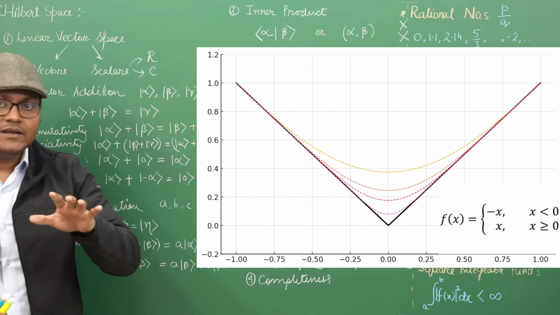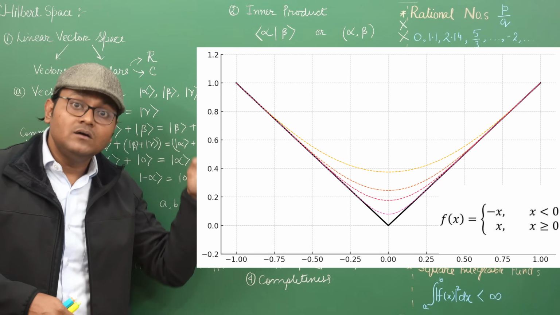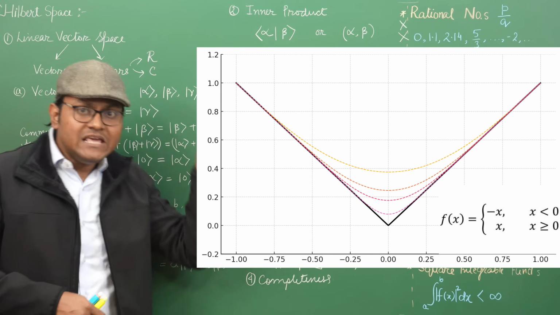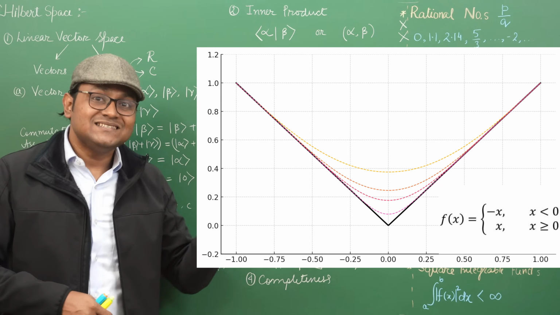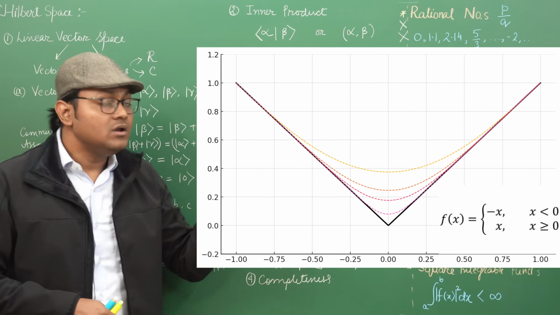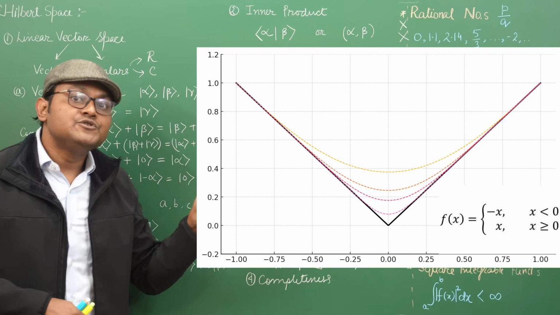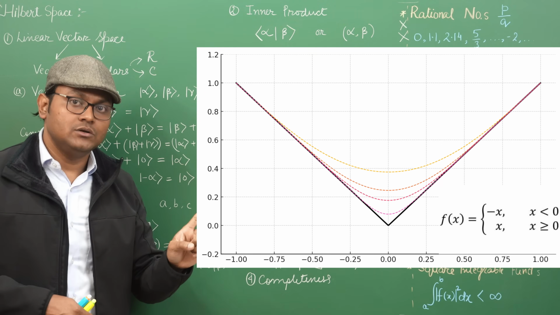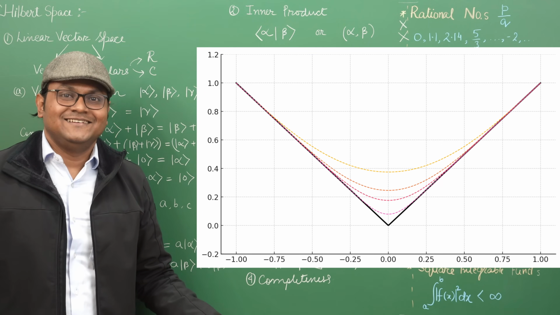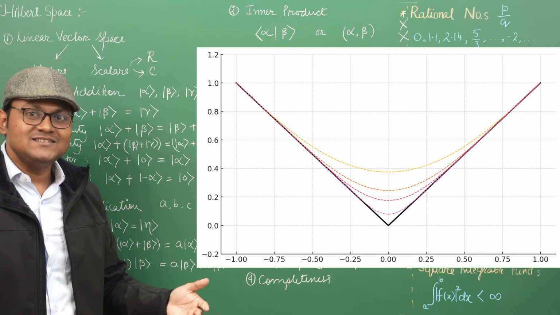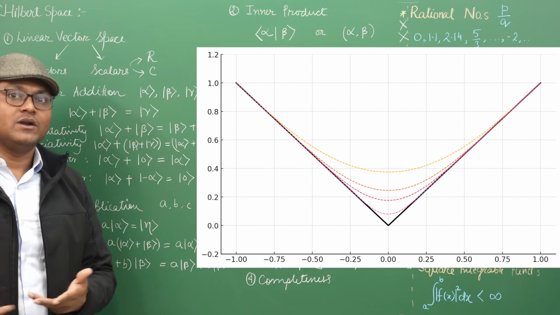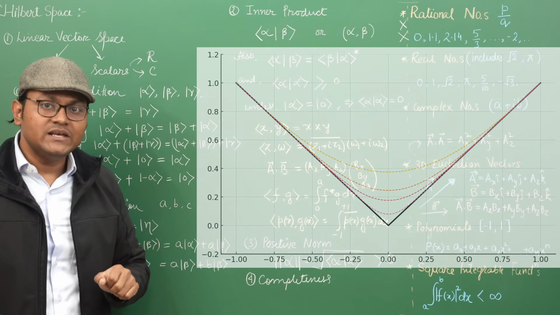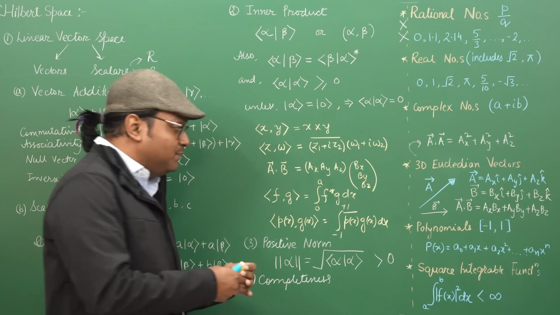Now what's happening here is that I've created a sequence of polynomial curves coming closer and closer to one another such that they finally converge on the mod or the absolute value function. But the absolute value function is not a polynomial. So I have a sequence of polynomials belonging to the polynomial space converging on a function which is not a polynomial. Therefore, the polynomial space is not complete.